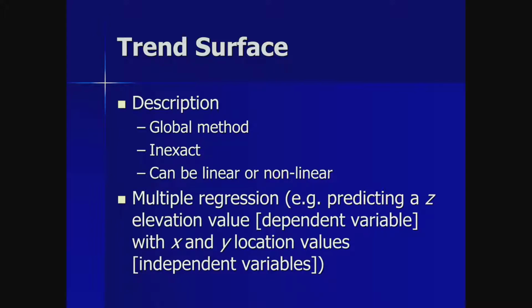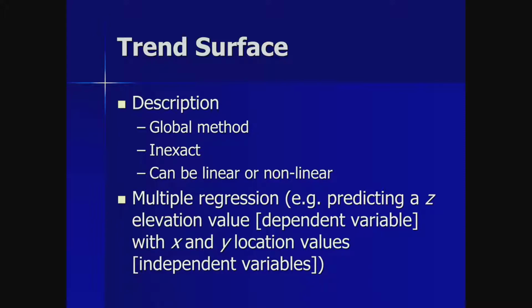It's inexact, meaning that it tries to fit through the points using a line of best fit. Doesn't mean that it won't fit through some of the points, but it doesn't try to fit through all the points. It tries to find the surface that minimizes the residuals, the distance between the known value and the value on the surface.